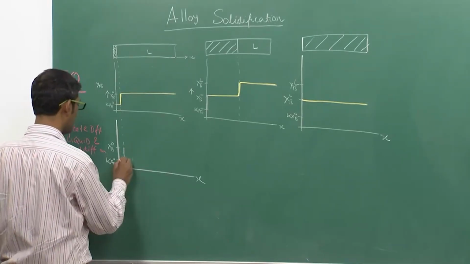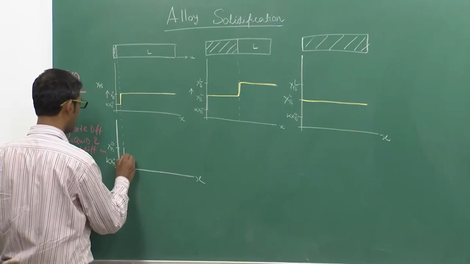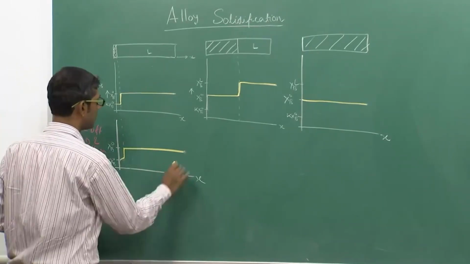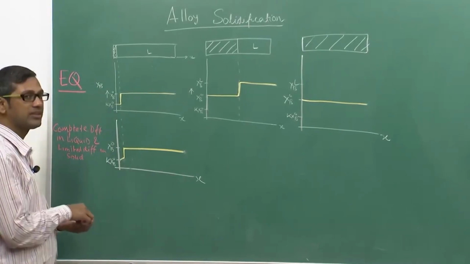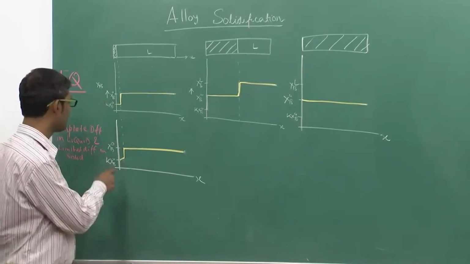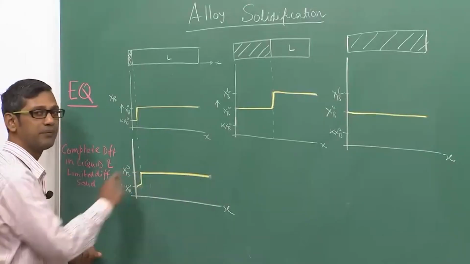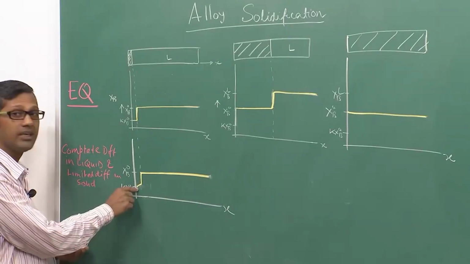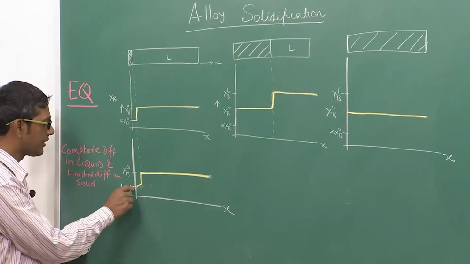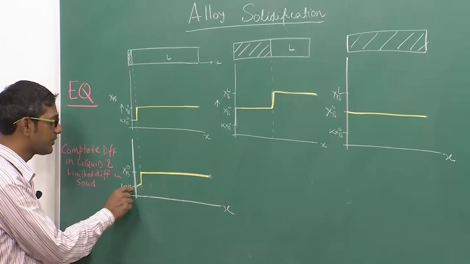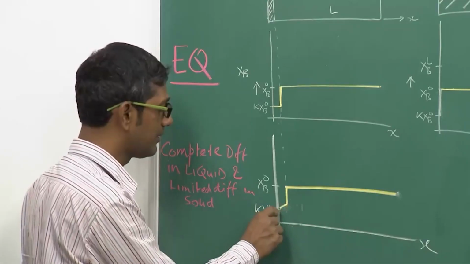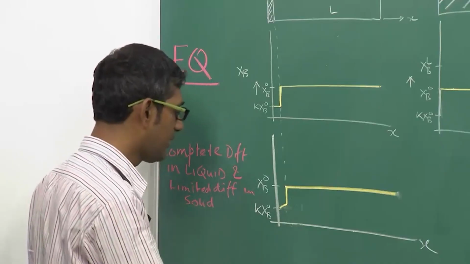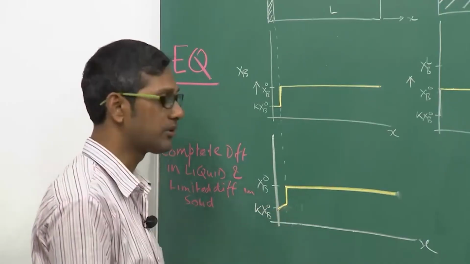Let me draw it with colored chalk, a little bit of slope will develop here, then this will remain like this. Things will start changing, mainly because diffusion in the liquid is uniform, that is why the liquid composition is the same all throughout, but diffusion in the solid is not uniform. That is why you see the solid composition at the beginning was KXP0, then it slowly rises. There is a small rise because of the limited diffusion in the solid.